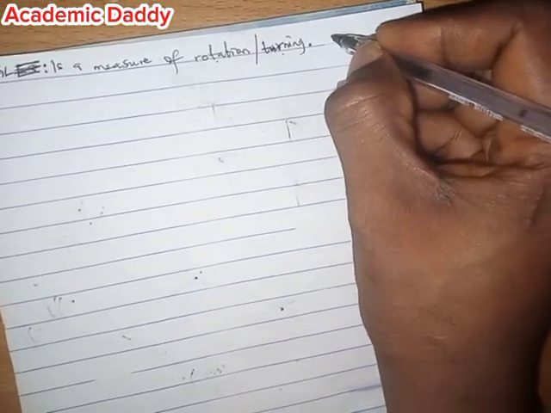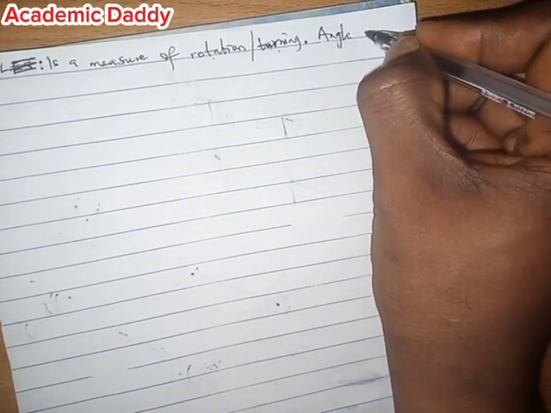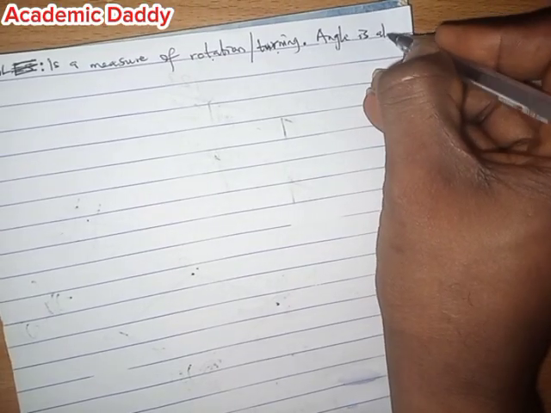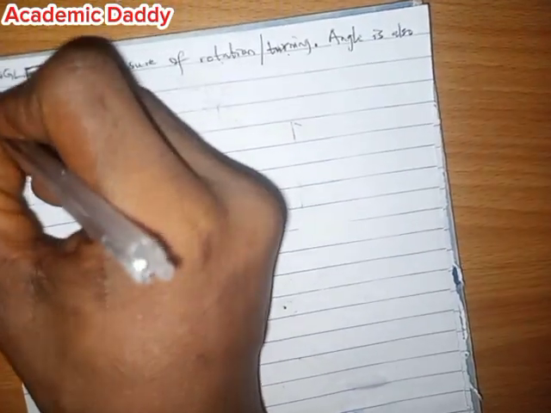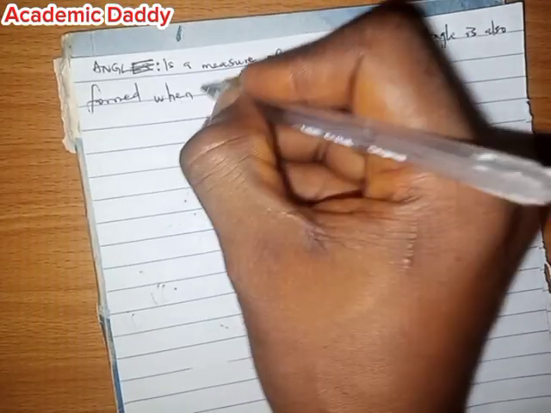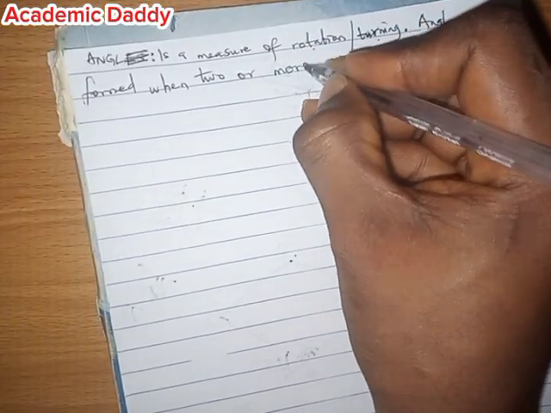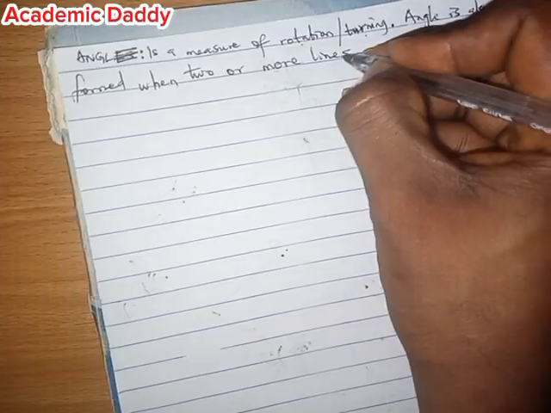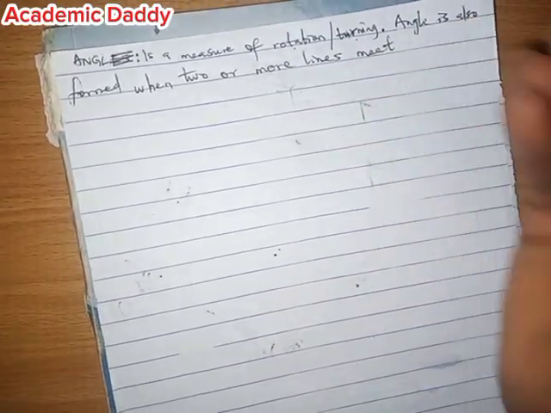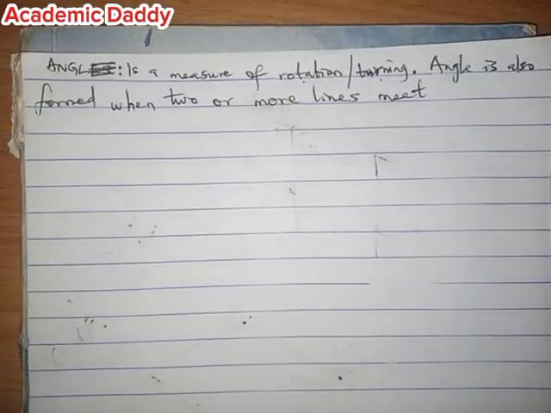So when you have two lines, angle is also formed. Angle can also be formed when two or more lines meet. So we say that angle is formed when two or more lines meet.